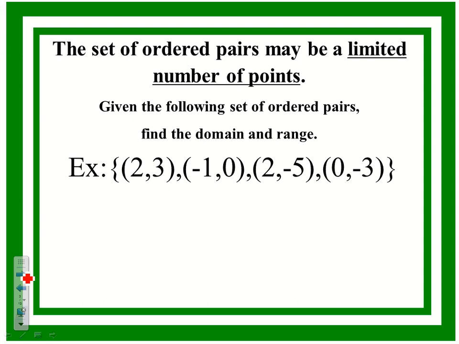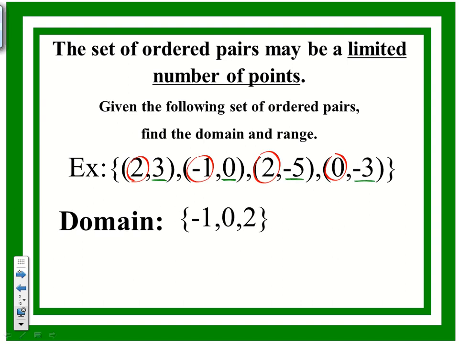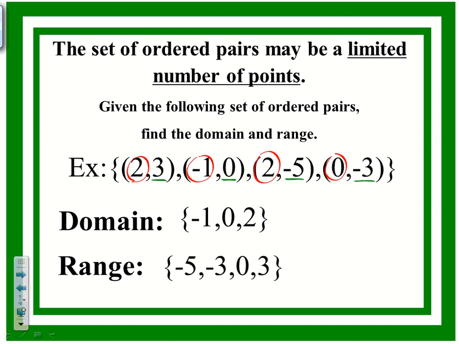So my domain would be 2, -1, 2, and 0. And my range would be 3, 0, -5, and -1.